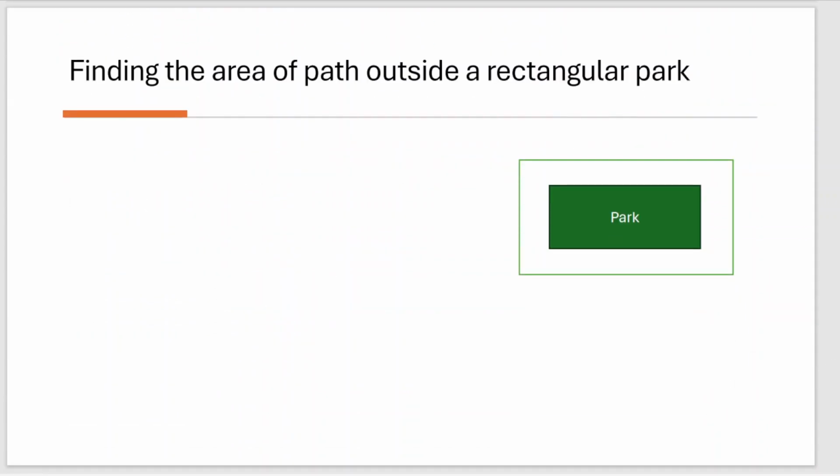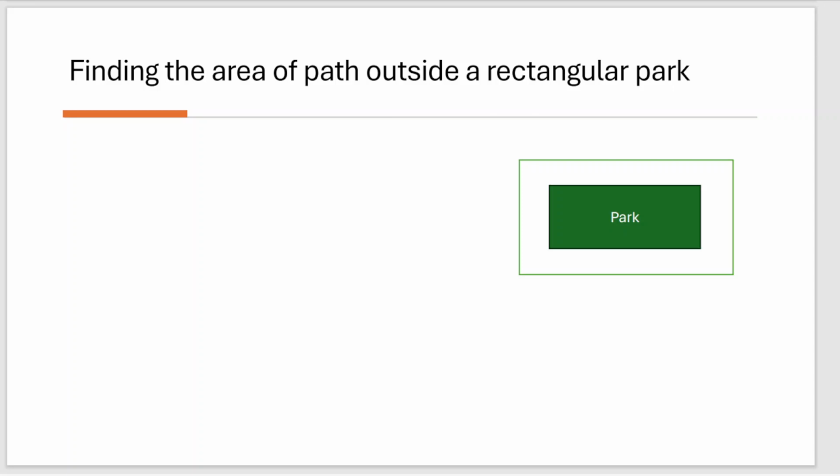Find the area of the path outside a rectangular park. Till now, whatever concepts we have discussed related to rectangle were very easy, and we were almost familiar with all those concepts.